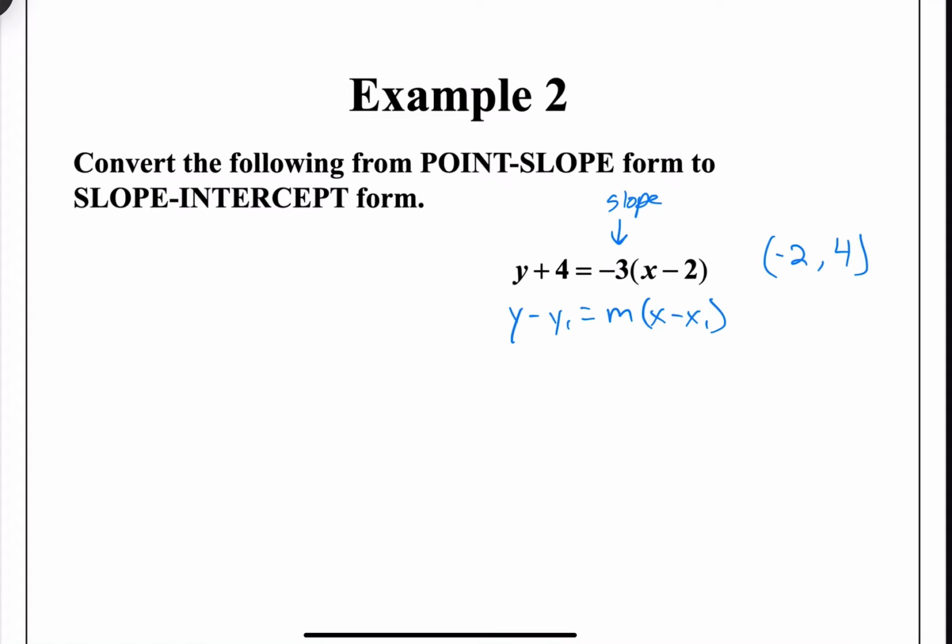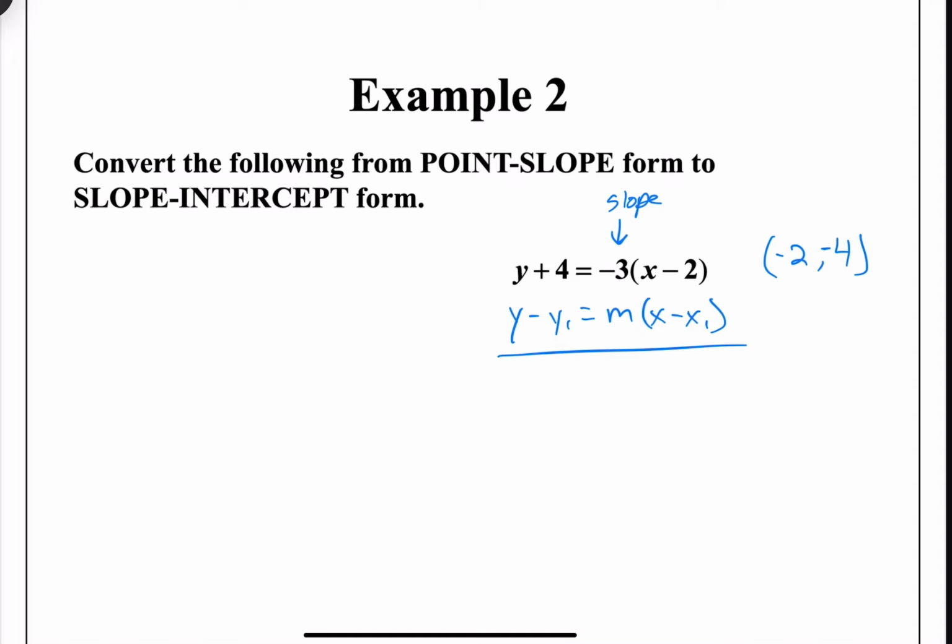However, we want to pay close attention to the original formatting of the point slope form. It says y minus y1, but the equation says y plus 4. So what that means is that that 4 is actually a negative. In order to turn that from a y minus y1 into a y plus 4, it must be subtracting negative 4. So that turns into negative 4 there.